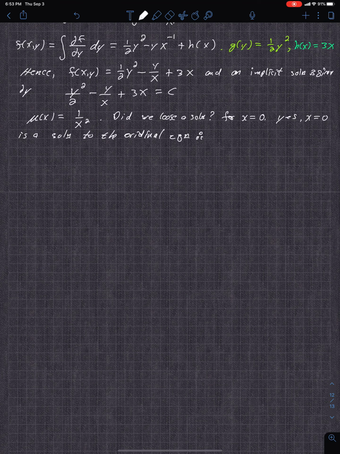So therefore, y squared over 2 minus y over x plus 3x equal to c, and x equals 0 is a general solution. So that might come up here and there.